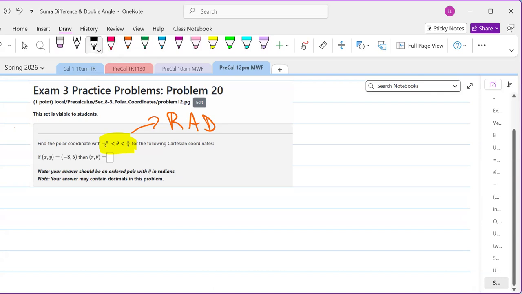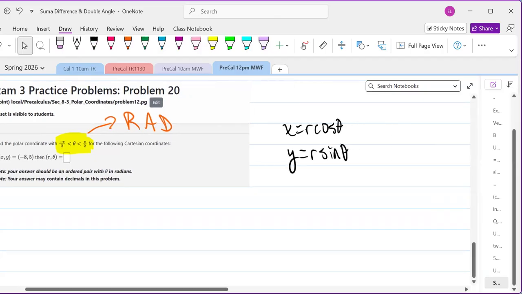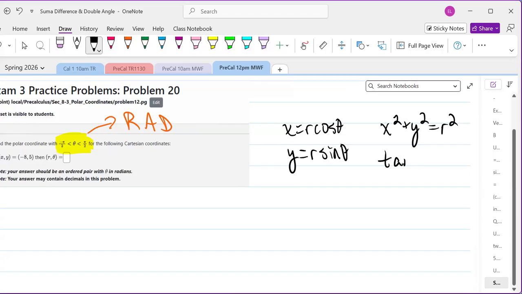Now, our polar equations are x equals r cosine theta, y equals r sine theta, x squared plus y squared equals r squared, and tangent theta equals y over x.